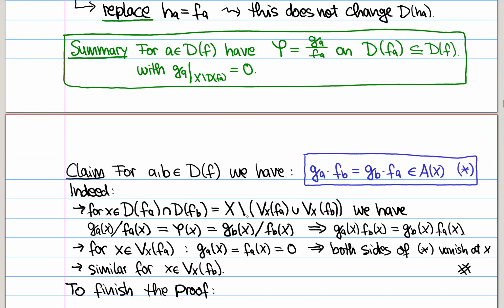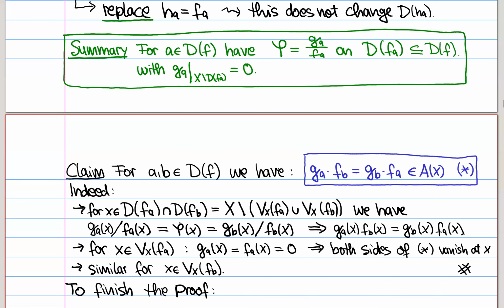So in other words, X minus the vanishing loci here. So this is the first locus where we check the equality. And then we check it also on here and on here. And then these three sets cover all of X. And so once we check this equality on all of them, we know it inside A of X.